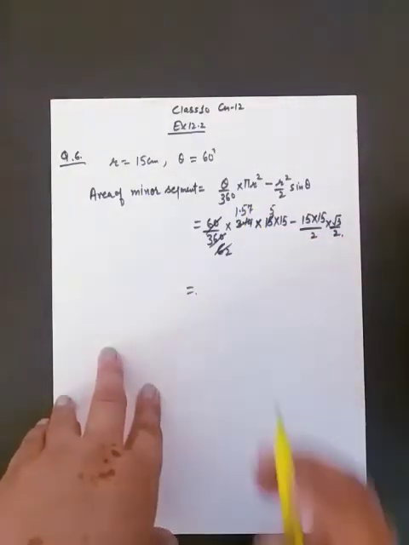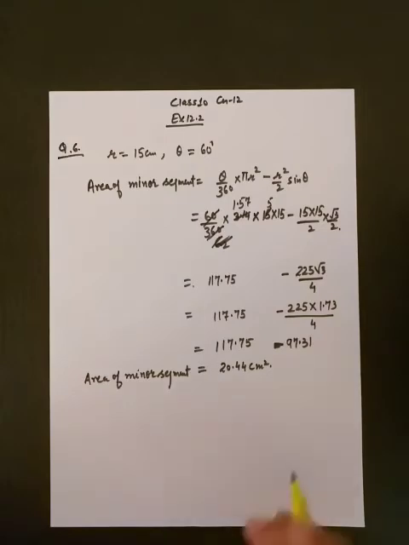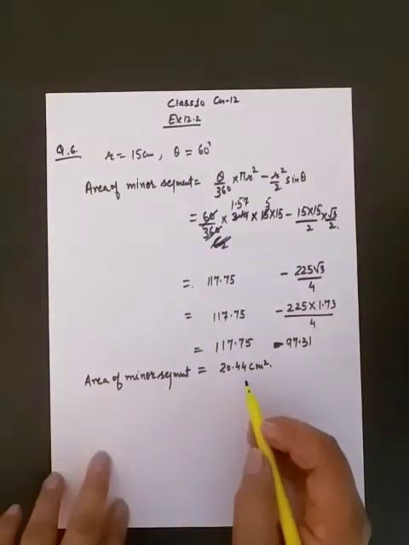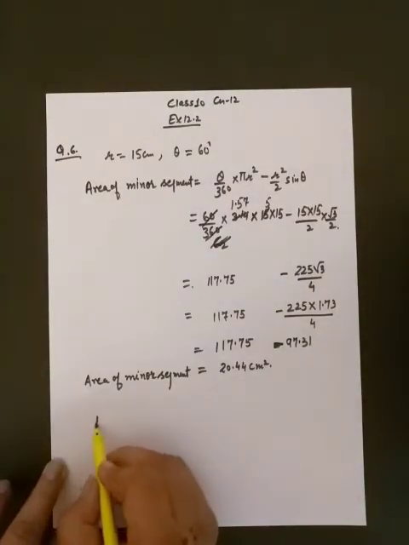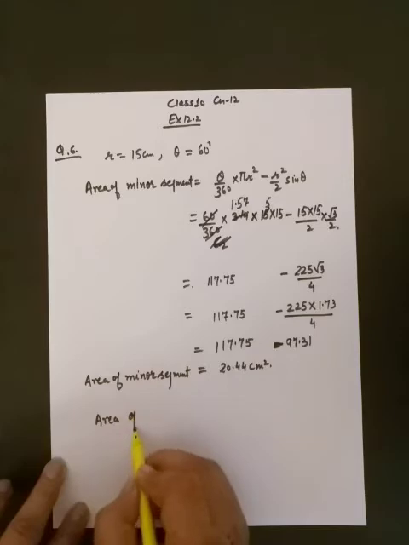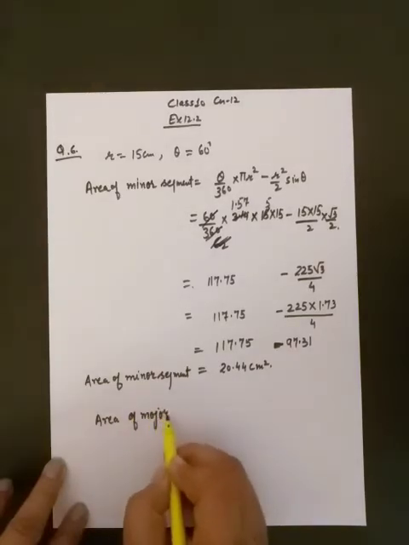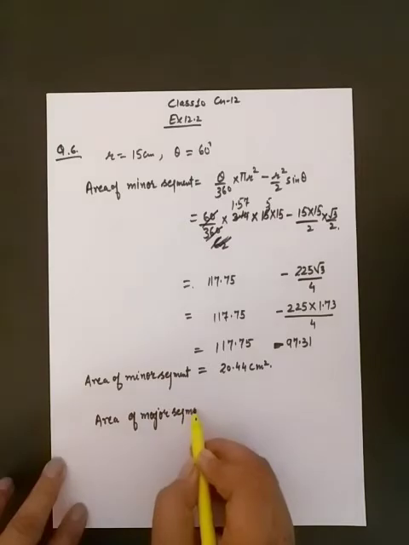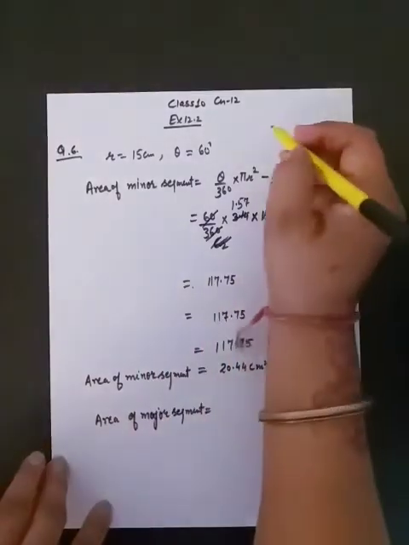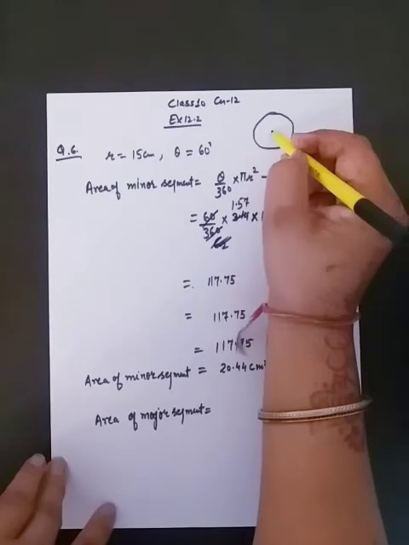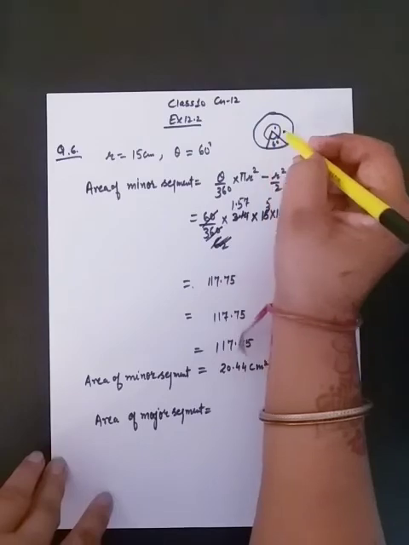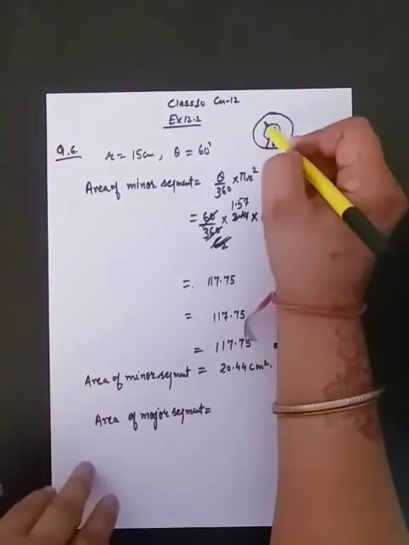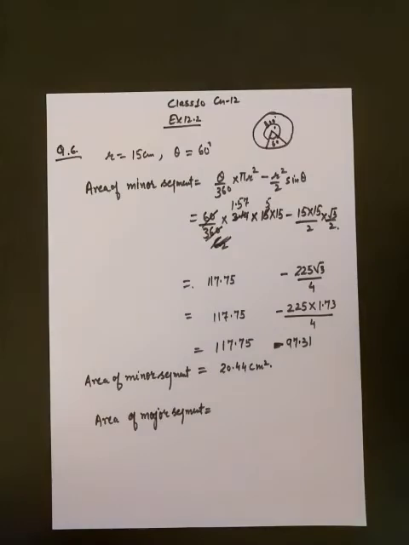And it can be written as, so this is the area for the minor segment, that is 20.44 centimeter square. Now we have to find the area of major segment. Now if I find the angle for major segment, it will be 300 degree, but value of sin 300 is not given to us. So we have to go to another way.